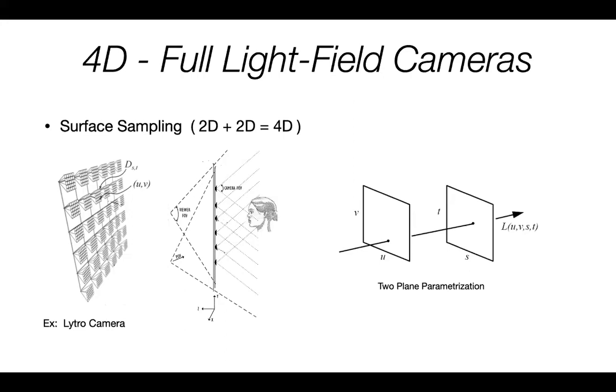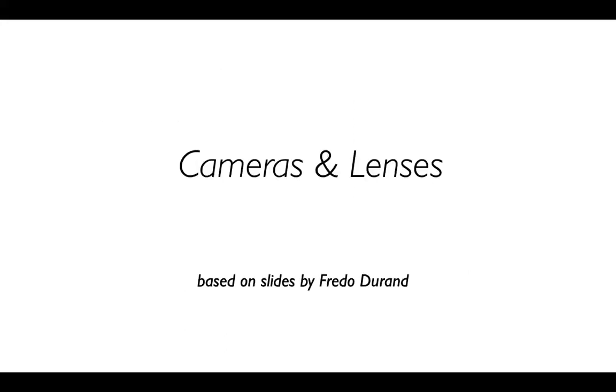And this is the full dimensional light field camera, right? And one example of this is this experimental camera that was developed at Stanford, and also the Lytro camera, which was developed by a PhD student of Stanford who did this startup, Lytro, and further on was acquired by Google. All right. Okay.